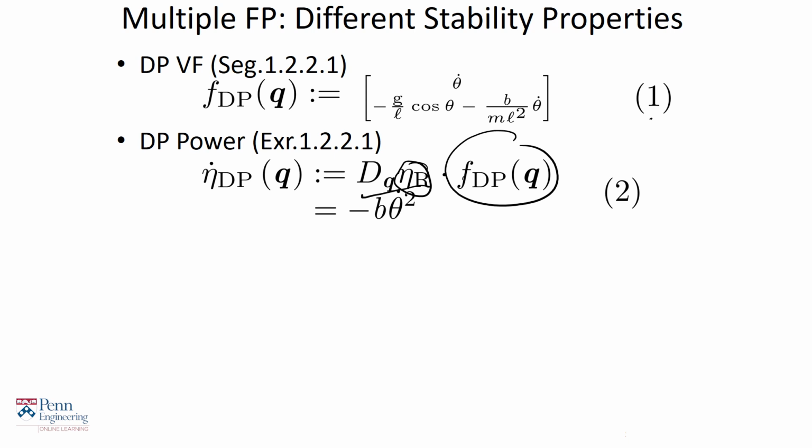And when you computed the power formula, I hope you'll remember, or you'll go back and check, that you got this non-positive expression, which is exactly the way it should be, because what it tells us in equation 2 is that the damper, the coefficient b of the viscous damping of this pendular system, is sucking the power out of the total energy of the pendulum at this power rate.